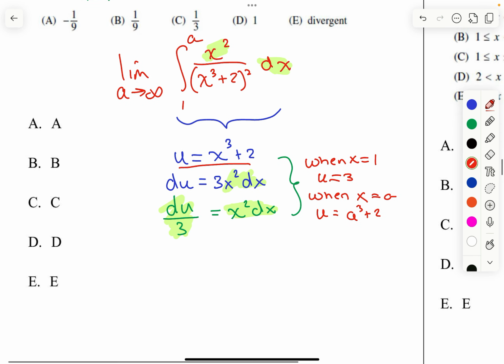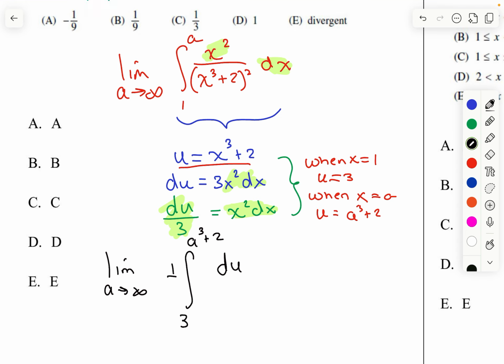So now my integral can become the integral from 3 to a cubed plus 2. X squared dx became du over 3. And then the denominator, this is now what I'm calling u, so that's u squared.